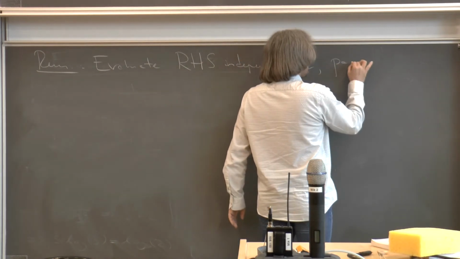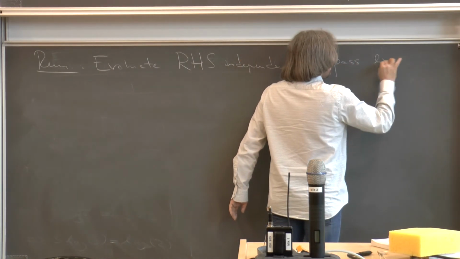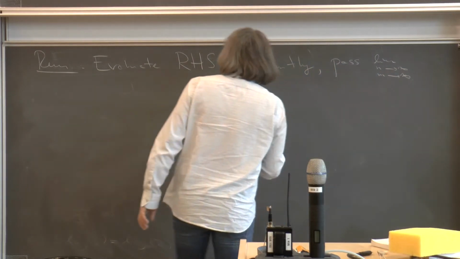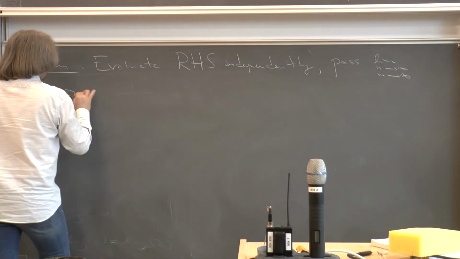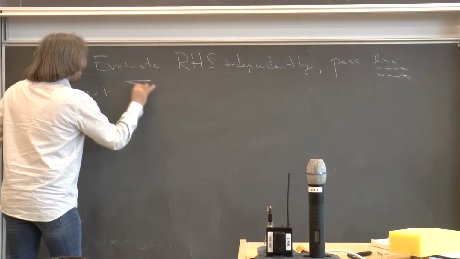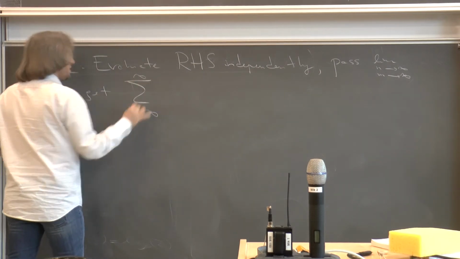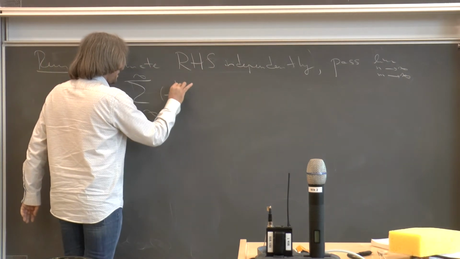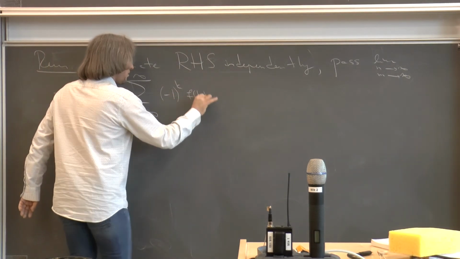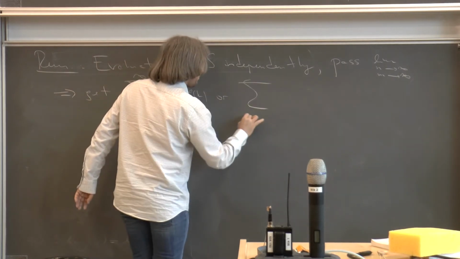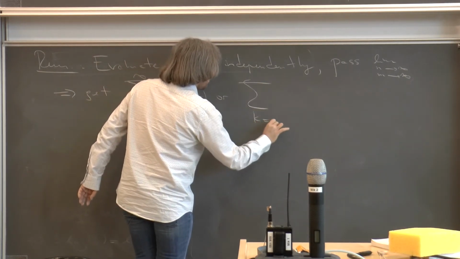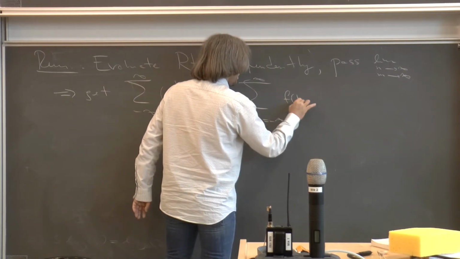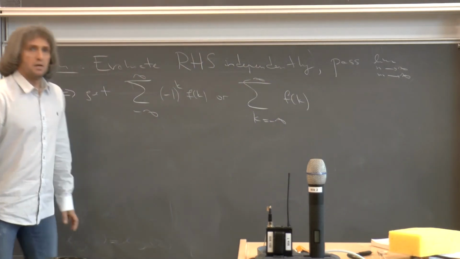Then pass to the limit n goes to infinity and m goes to infinity, and then you get the sum from minus infinity to infinity of minus 1 to the k f of k, or the sum from k equals minus infinity to infinity of f of k.